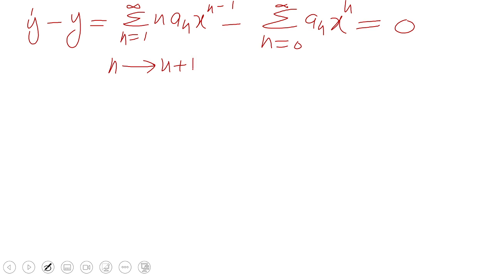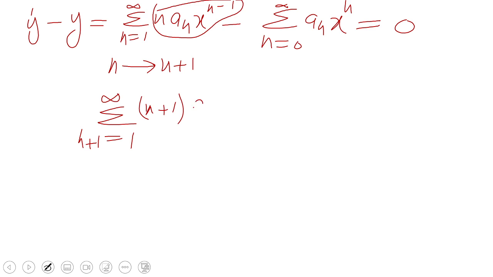So everywhere we replace n with n plus 1, and x power n plus 1 minus 1, and leave the second one as it is.